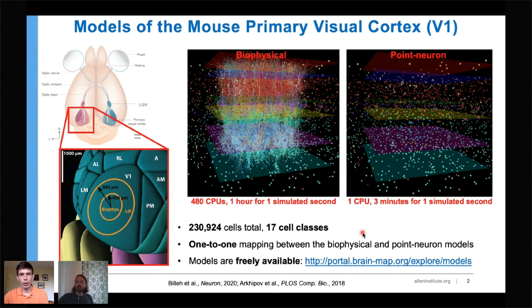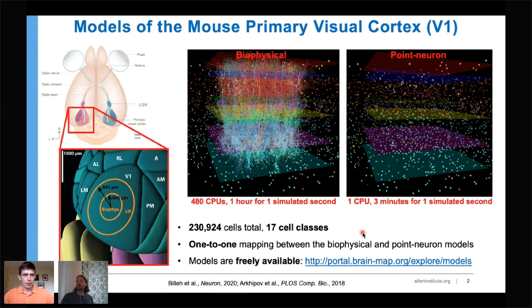So we really welcome people using these models. If you are working on the visual system, visual cortex, great. If you don't, maybe you can consider this as a zero-order approximation of a canonical cortical circuit and use it for whatever purposes, make perturbations, test your theories, make predictions. It's all there for everyone.